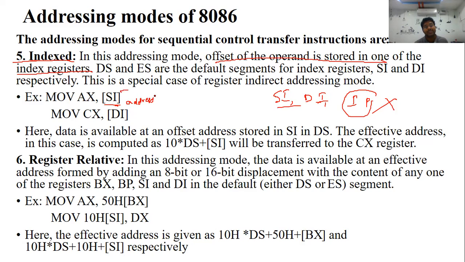The purpose is to generate the address of the segment registers. What are the default address locations of SI and DI? The data segment and the extra segment are the default segments for the index registers SI and DI.